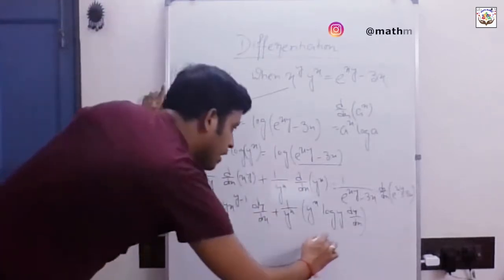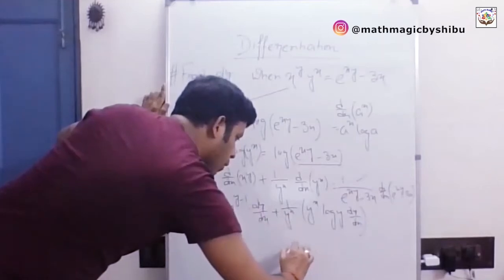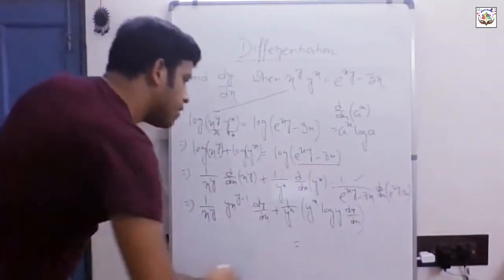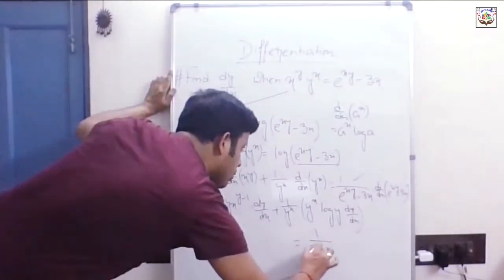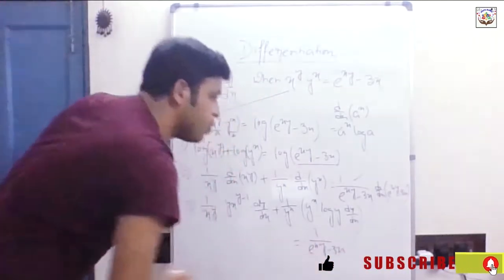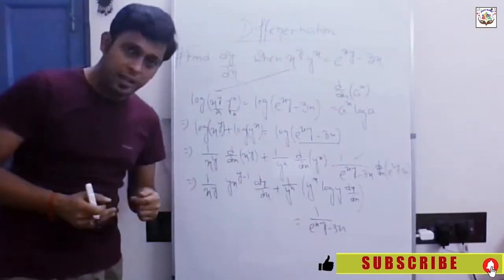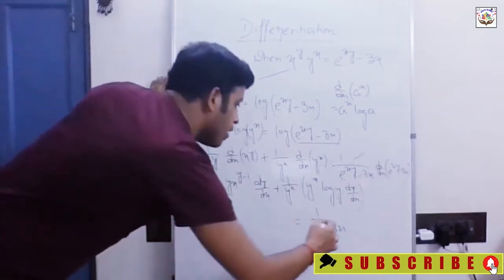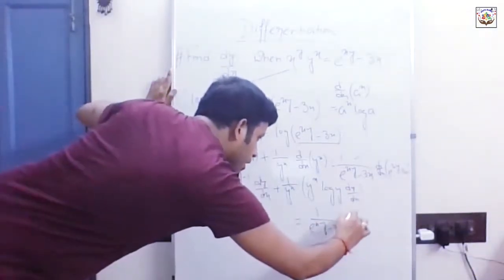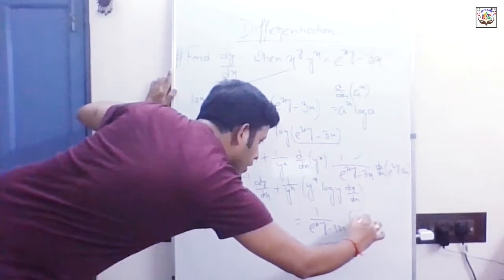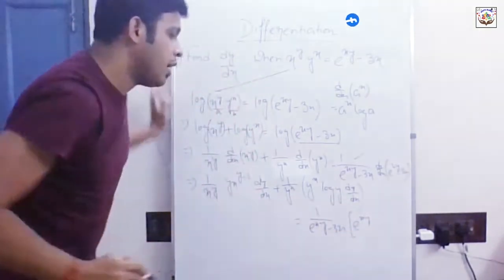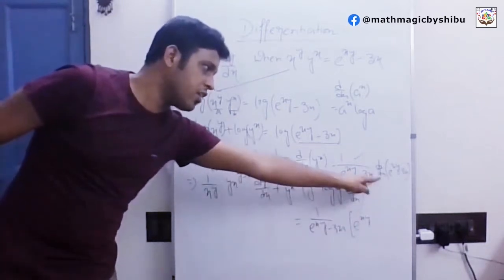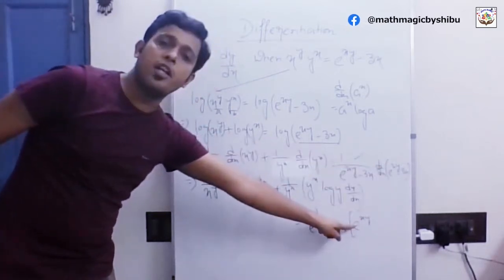Okay, and in the right hand side part, what would be there after the simplification? Let us see. 1 by e to the power (xy minus 3x), I am keeping this part the same, and d/dx of e to the power (xy minus 3x) here. So d/dx of e to the power xy would be e to the power xy at first. If it is d/dx of e to the power x, then it would be only e to the power x.